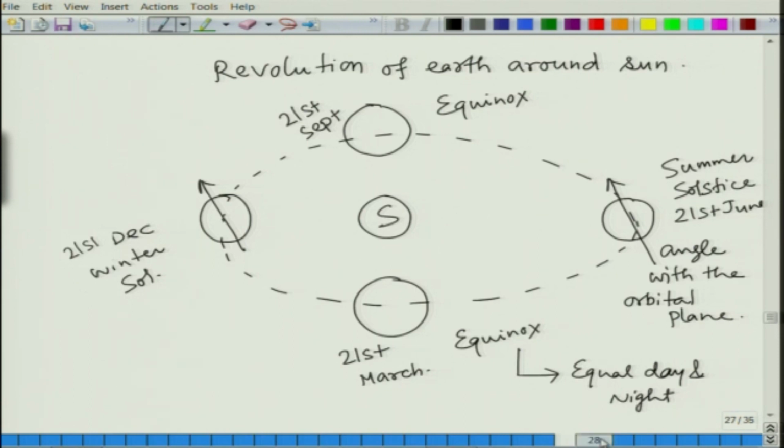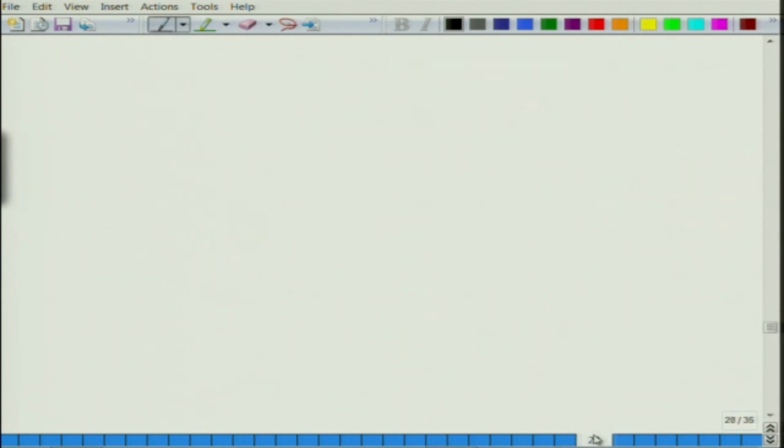Now, if we extend this a little further and zoom in on the two solstice points, they are exactly opposite to each other.